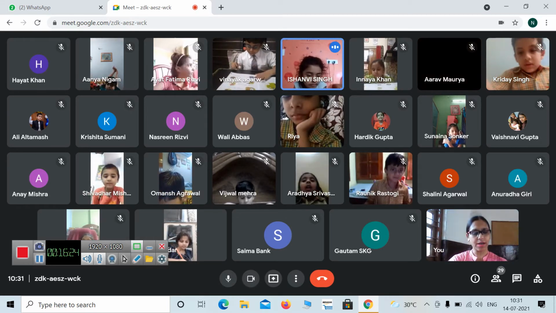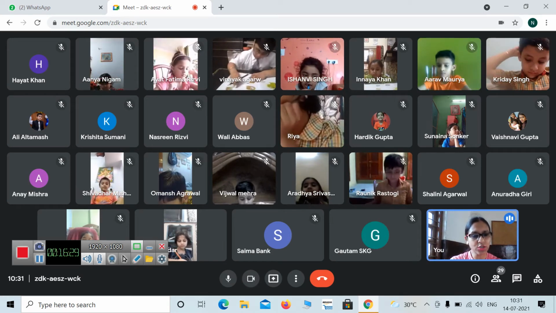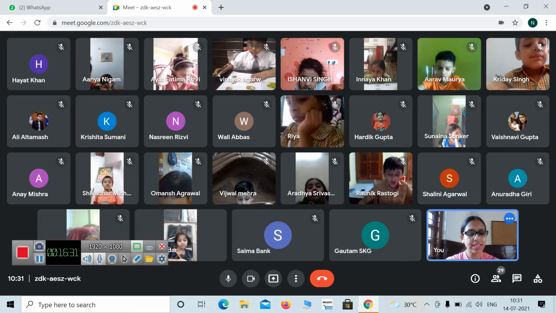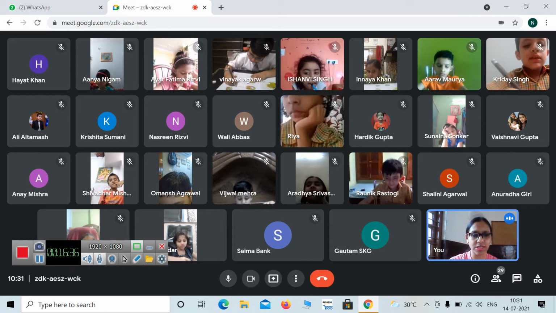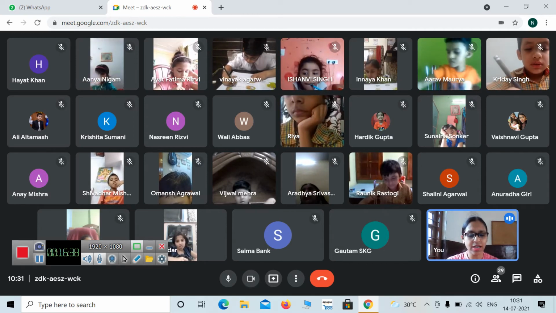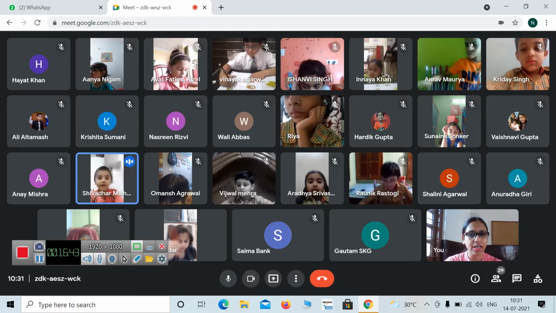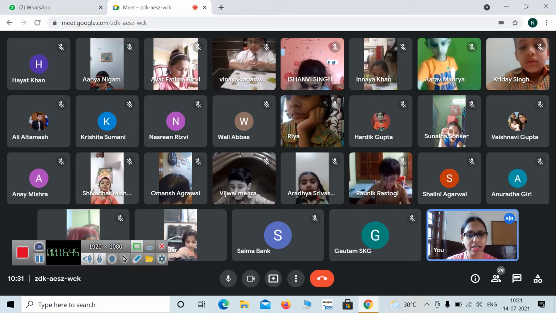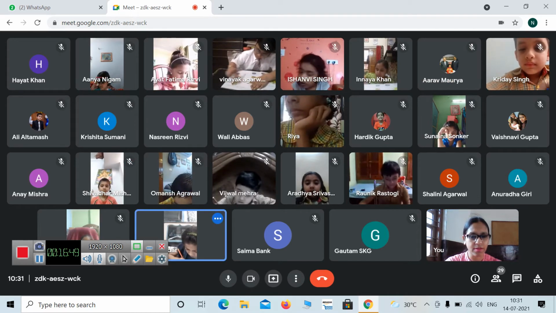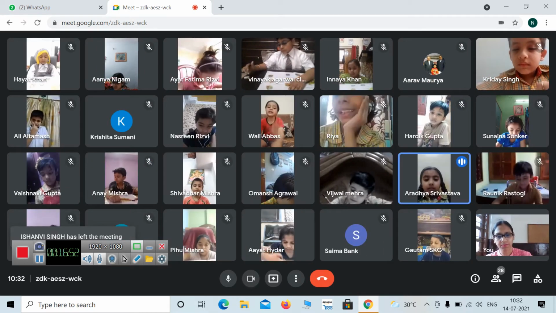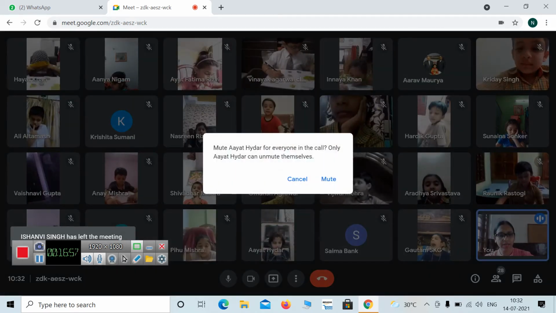Next page, number 2, sentence number 2. Look at the pictures also very carefully. This is Dr. Smith. Dash works in a hospital. Aradhya, what will we write there?